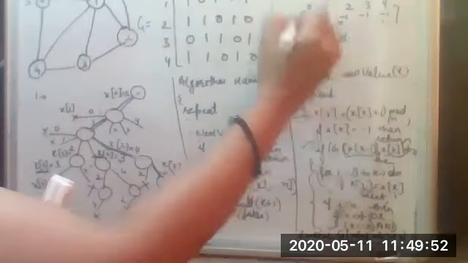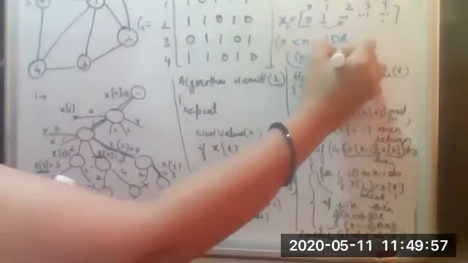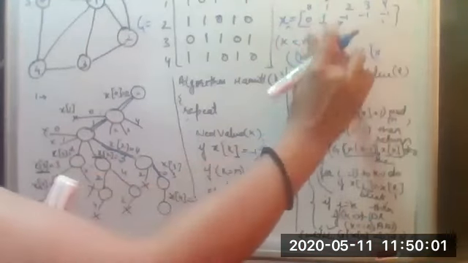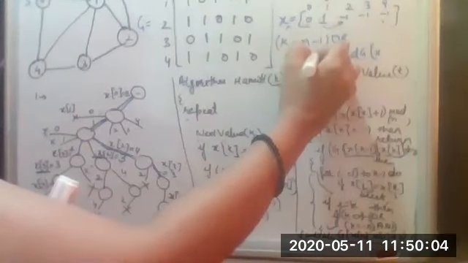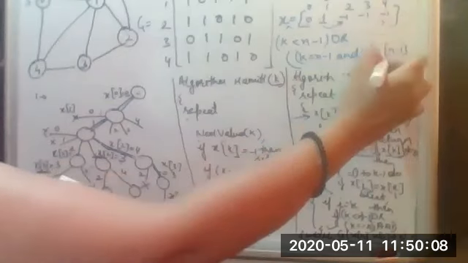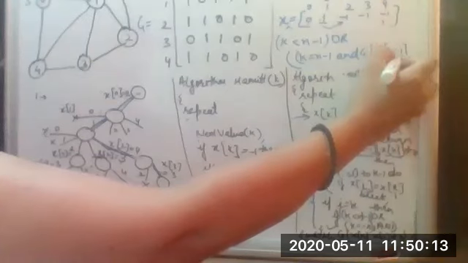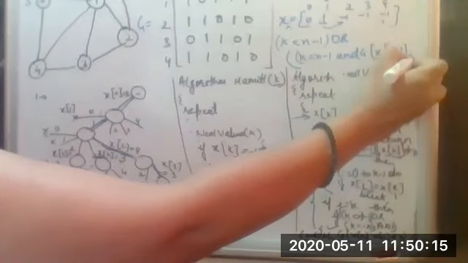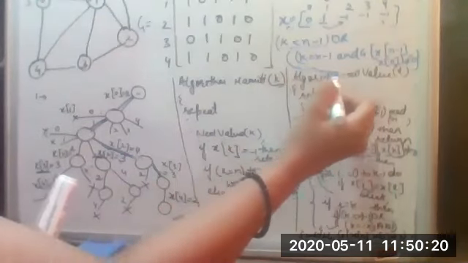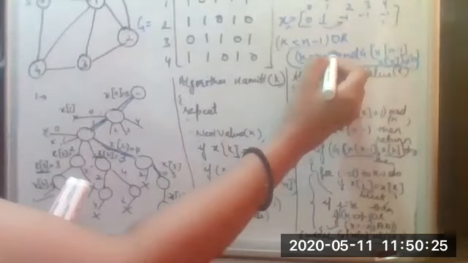Or k equal to n and g of x of n minus 1 and x of 0, there is a path. Yes, either this or a combination of this, so there is an and between the two.